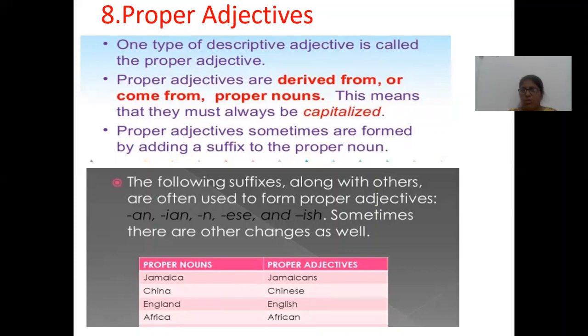Africa is your proper noun, but when I have added N to it, it is becoming African. For example, if I say African elephants, so I am saying what kind of elephants? African elephants. So here African is becoming what? Proper adjective.